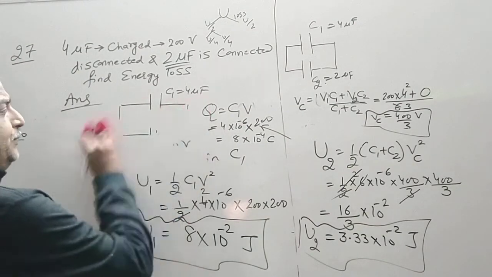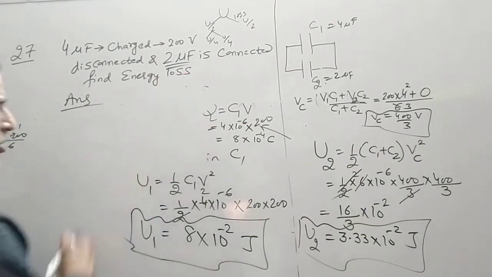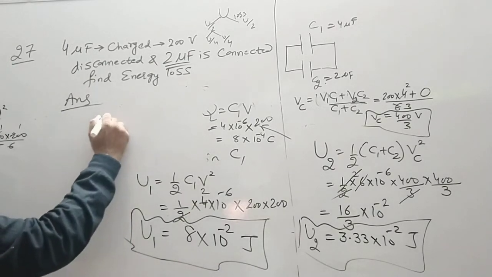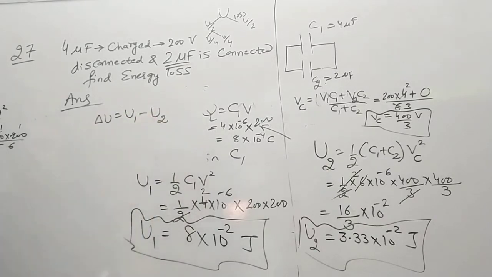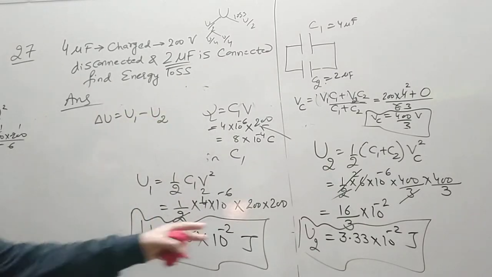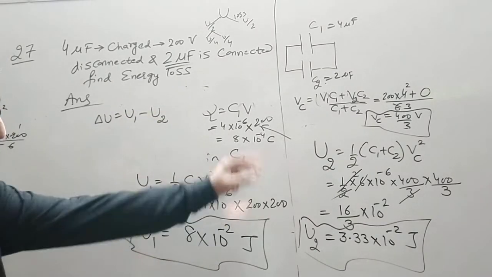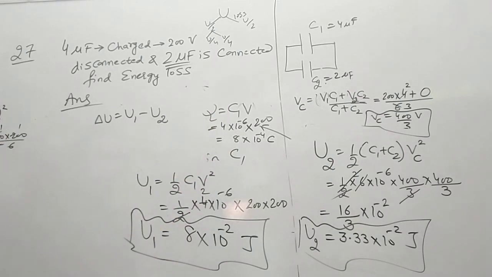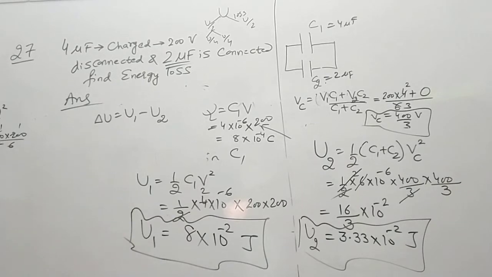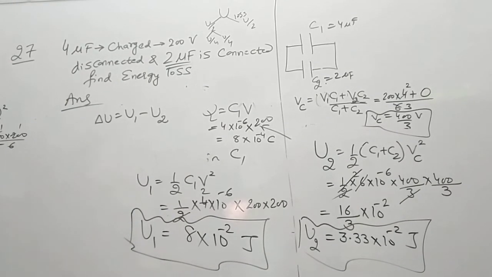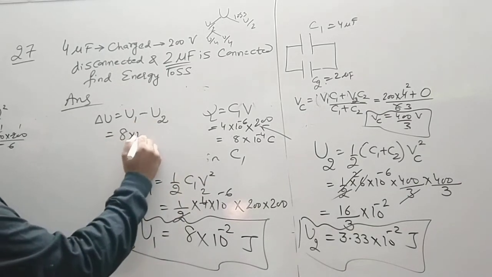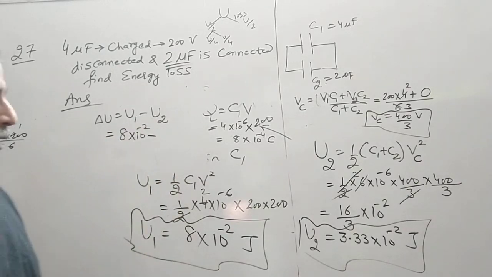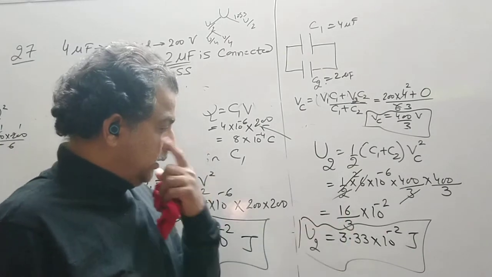So loss will always be initial minus final. So delta U is equal to U1 minus U2, that is 8 minus something. So you do this calculation: delta U is equal to U1, that is 8 into 10 raised to minus 2, minus 16 by 3.